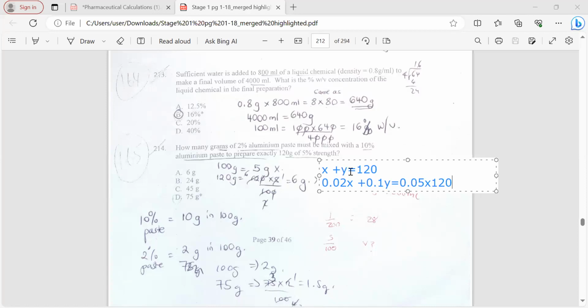To solve, we write y in terms of x from the first part: y is equal to 120 minus x.